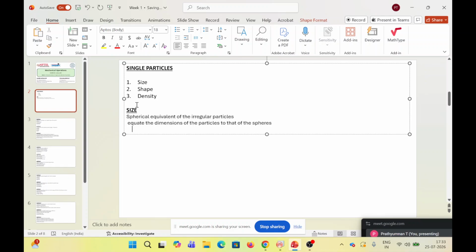In order to do that, we have multiple different ways on how we define the particle size. So, defining particle size.